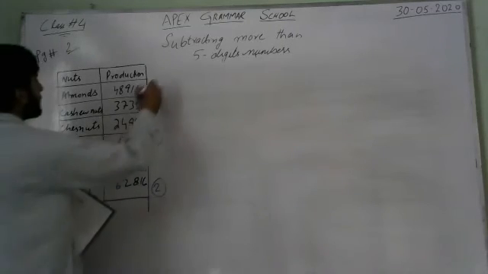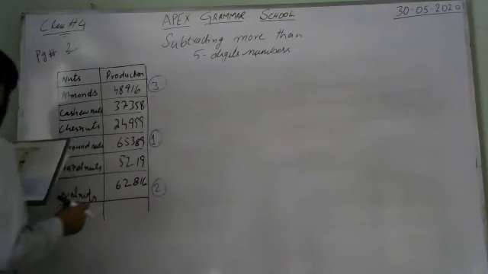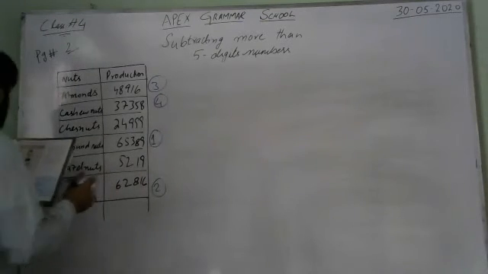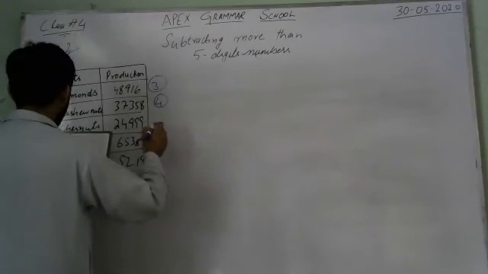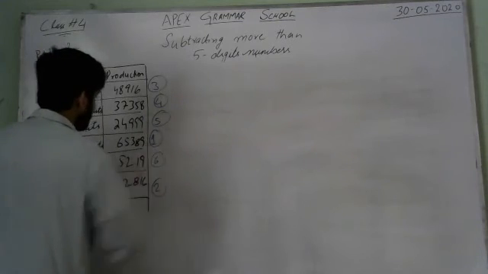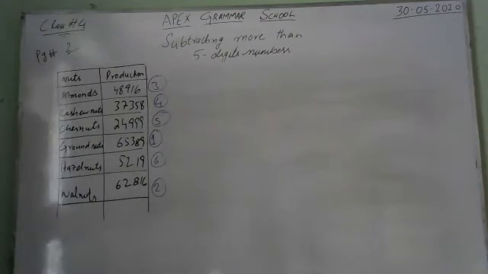Then almonds, number 3. Then cashew nuts, number 4. Then chestnuts, number 5, and last is hazelnuts, number 6. This is the order of nuts from greatest to lowest.